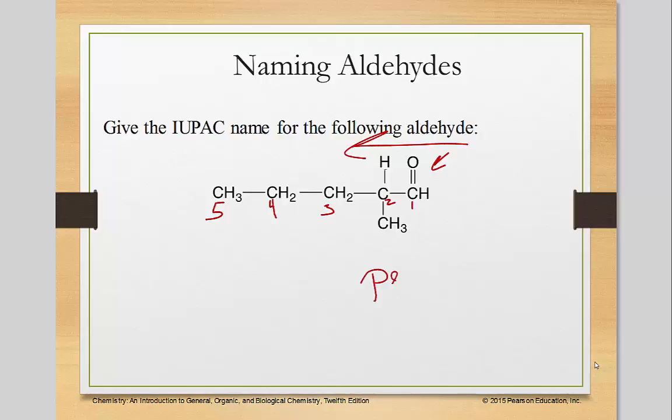If I was doing it as an alkane, it would be pentane. But I'm going to take away that E and write Al because it's an aldehyde. I still have a methyl group there, so 2-methylpentanal.